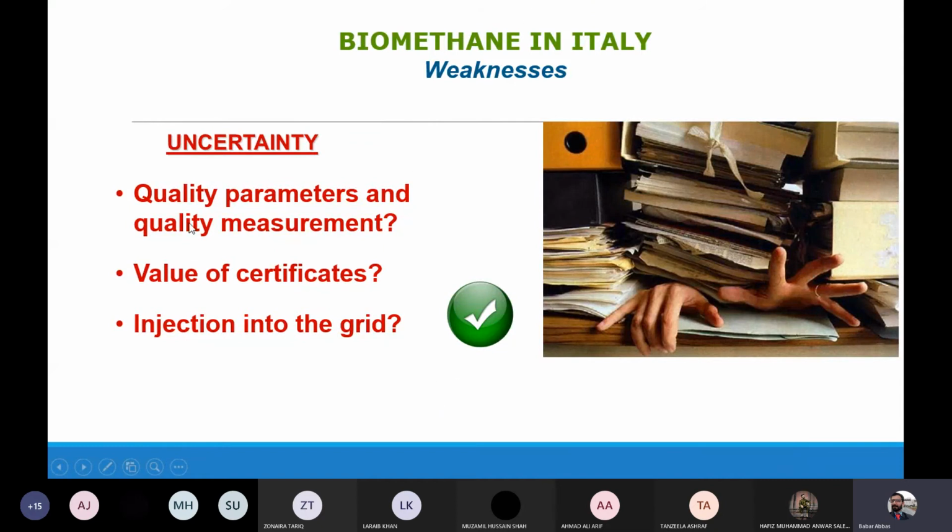The weaknesses include the quality parameters and quality measurement. We are lacking in these areas, and we are working on these areas. Value of the certificates and injection into the national grid.